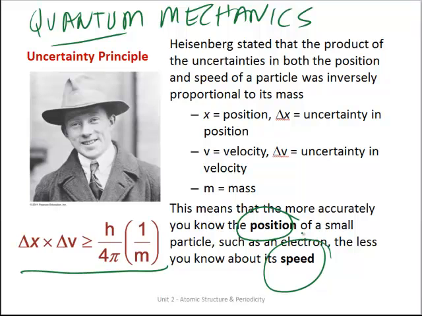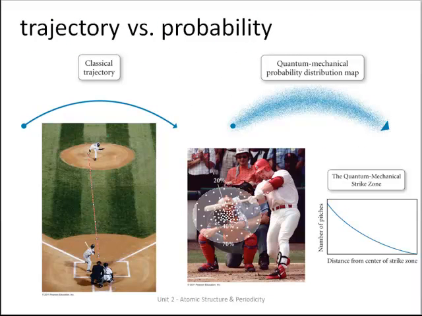And actually, it turns out that the greater accuracy we know the position, the less accurate we know the speed or velocity, and vice versa. The more and more accurate information you have about its velocity, the less and less accurate information you have about its position.